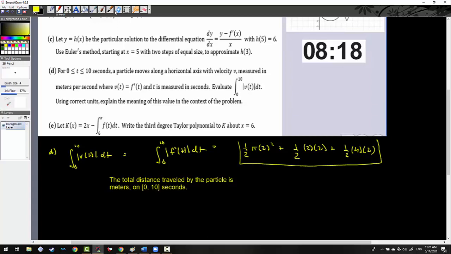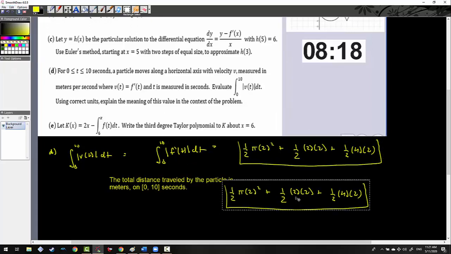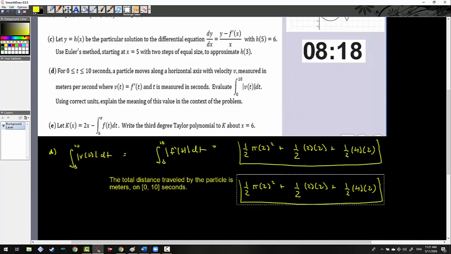And I will copy that down one more time because this is our answer. And I believe that is how you handle part D.